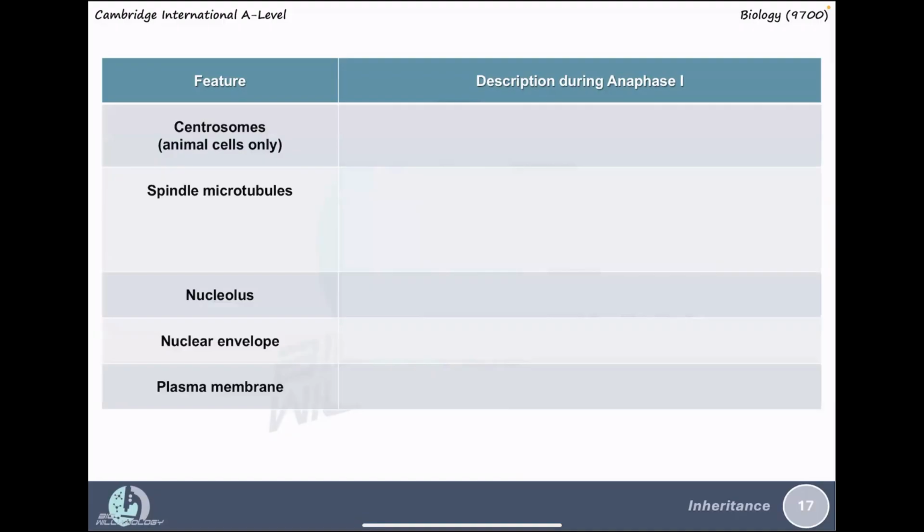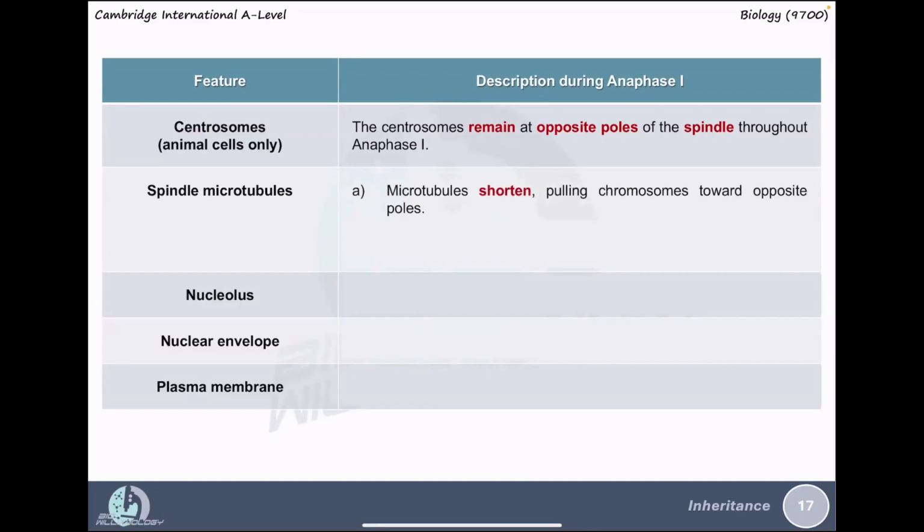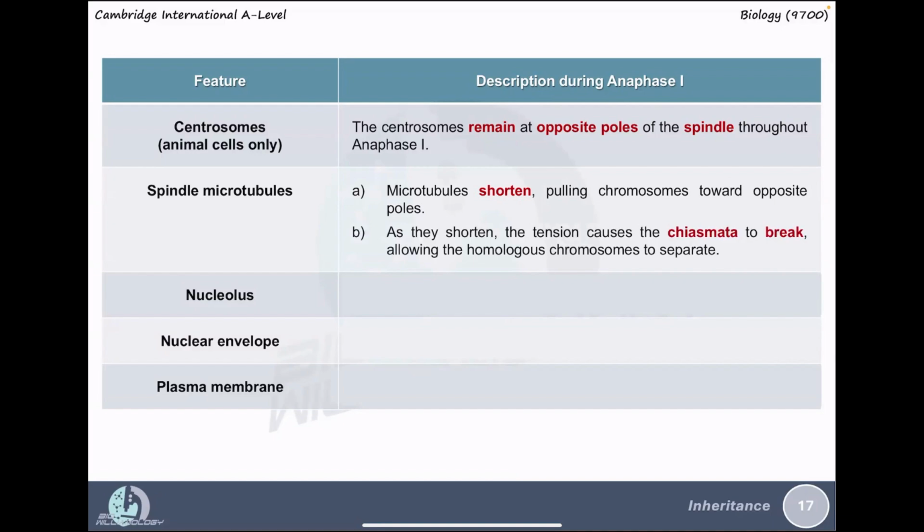So how about the centrosome? The centrosome remains at the opposite pole of the spindle throughout anaphase 1. And how about the spindle microtubules? The spindle microtubules shorten, pulling the chromosomes towards the opposite pole of the spindle. As they shorten, the tension causes the chiasmata to break, allowing the homologous chromosomes to separate.